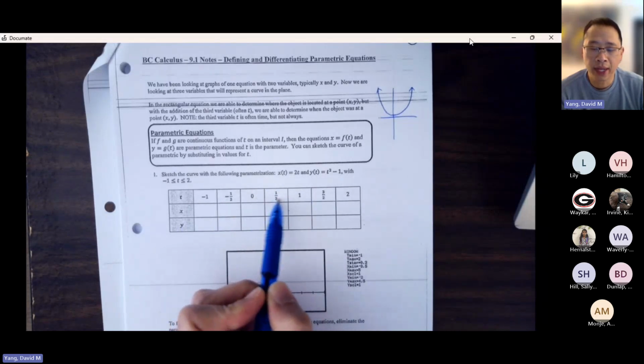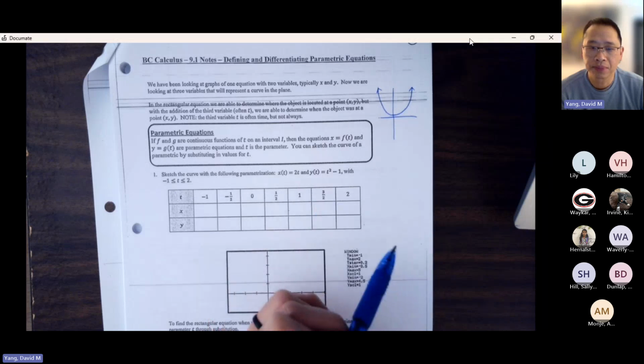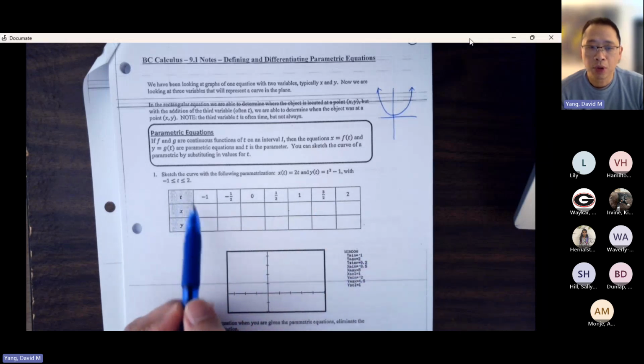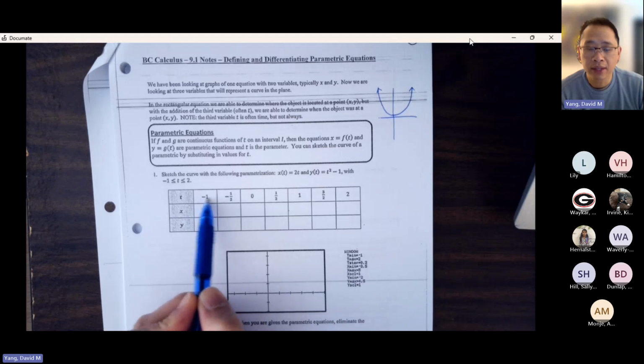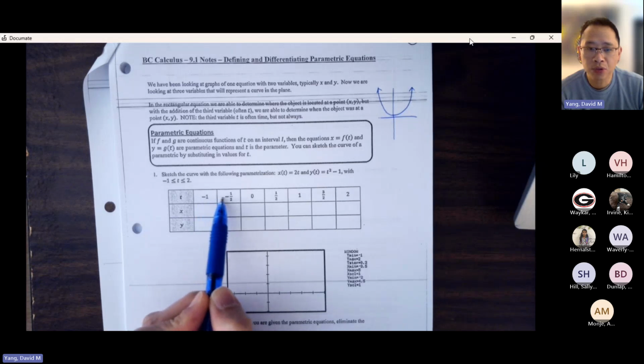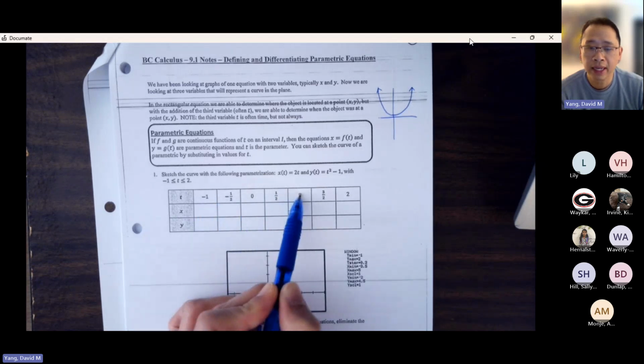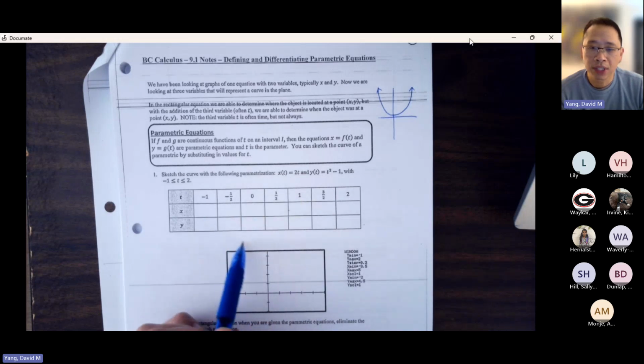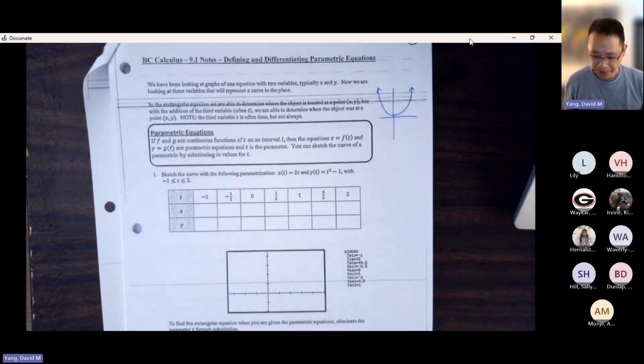Then at 0, then 1/2, then 1, 3/2, and 2. And if we were to plug in values in between these, if we're able to produce more inputs from t, then we would get an even more detailed picture of the graph, with more ordered pairs.